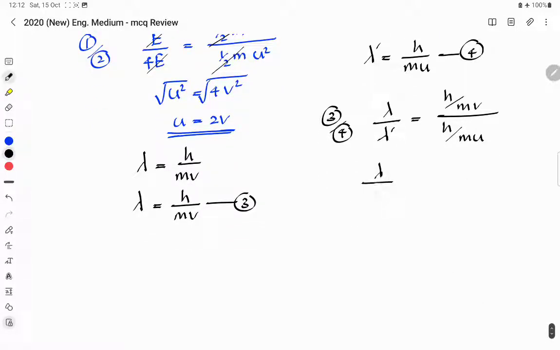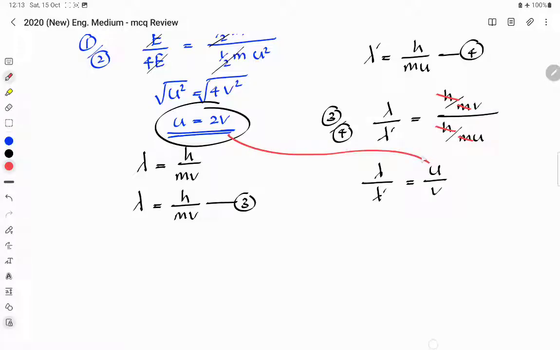Here h will be cancelled off, m will be cancelled off. So it will be equal to u over v. Now instead of u, we can put 2v here. So lambda over lambda dash will be 2v over v.